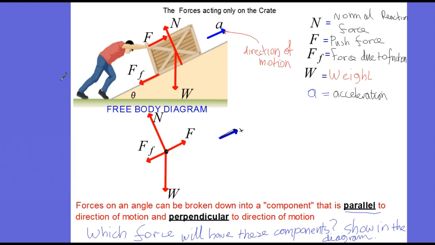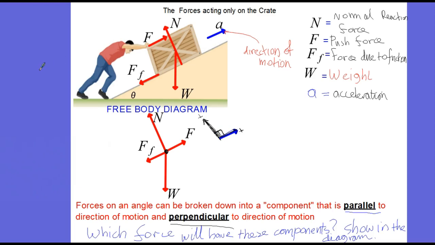Okay? Now, what about perpendicular? Perpendicular to the direction of motion. That means, what angle is perpendicular coming out? 90 degrees coming out. There we go. So that part there is perpendicular to the direction of motion.